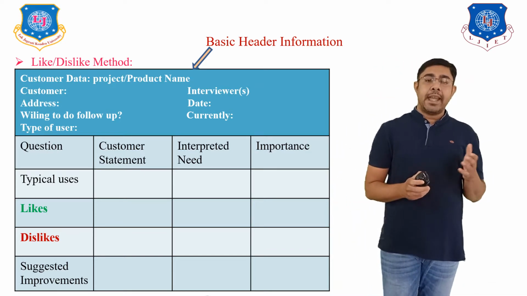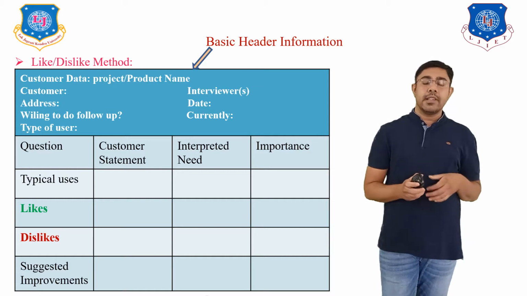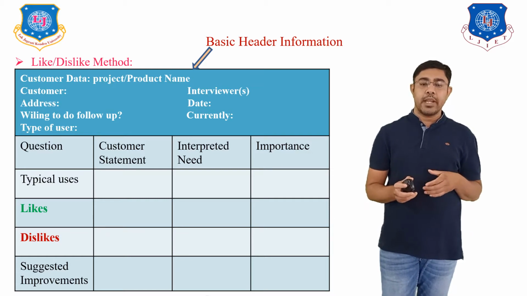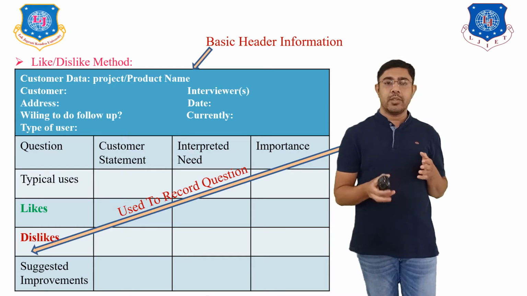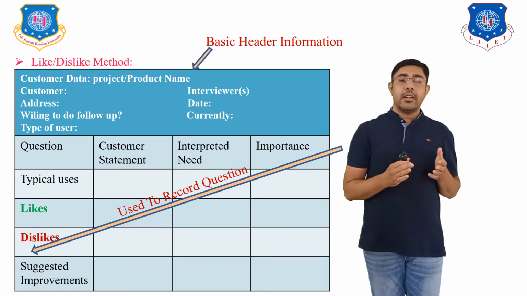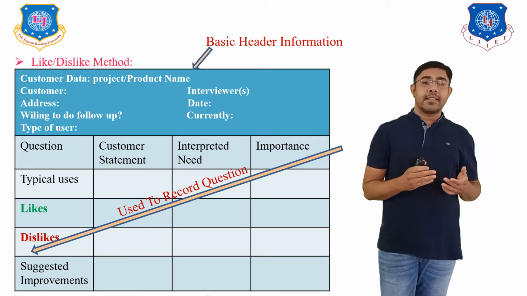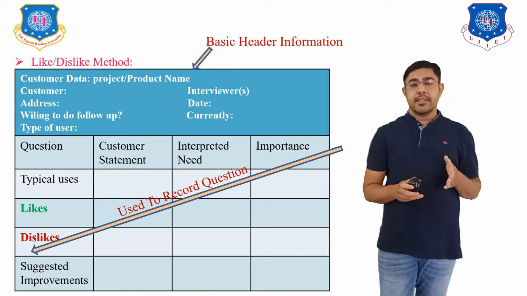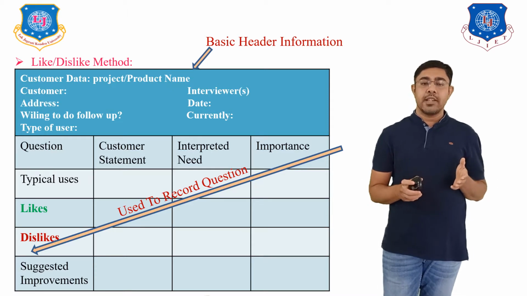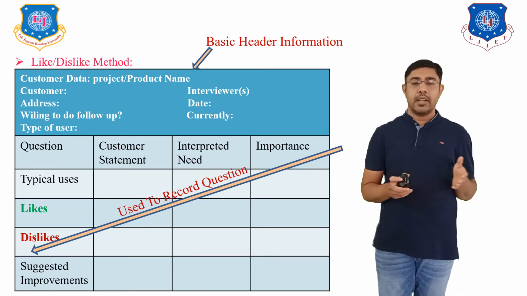In the like-dislike form, the first column is used to record the questions: typical uses, likes, dislikes, and suggested improvements.